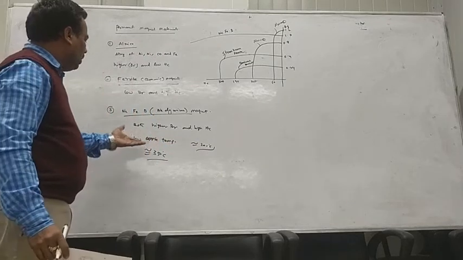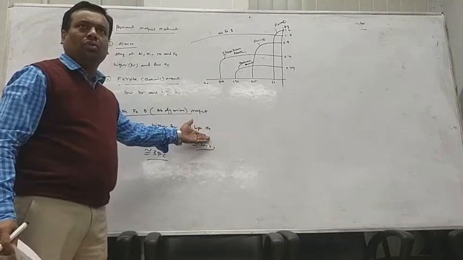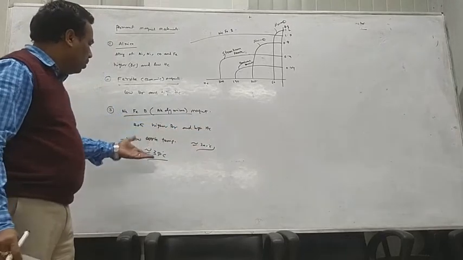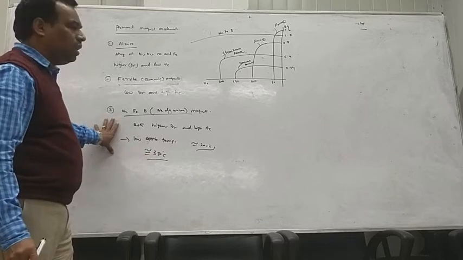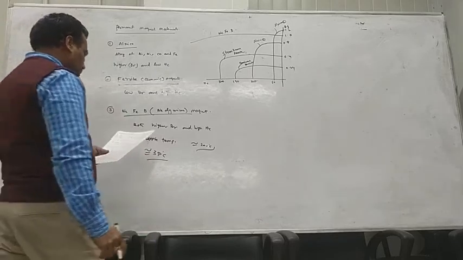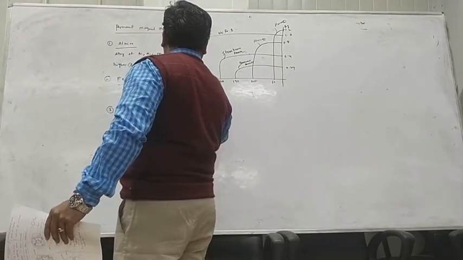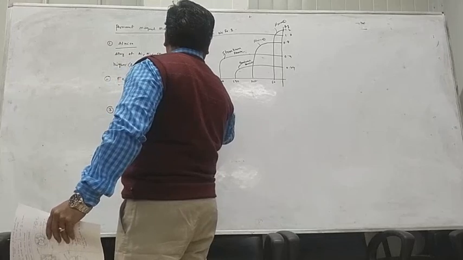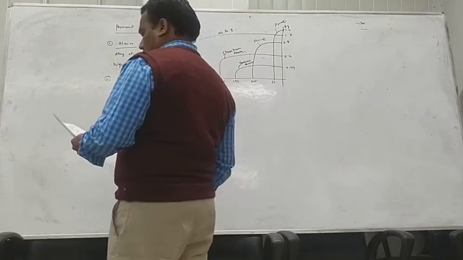Even though we have a higher value of residual flux density and higher value of coercive force, the Curie point temperature is low. That's why these materials are not preferred. But for the ferrite magnetic materials, the Curie point temperature is approximately 450 degrees centigrade.